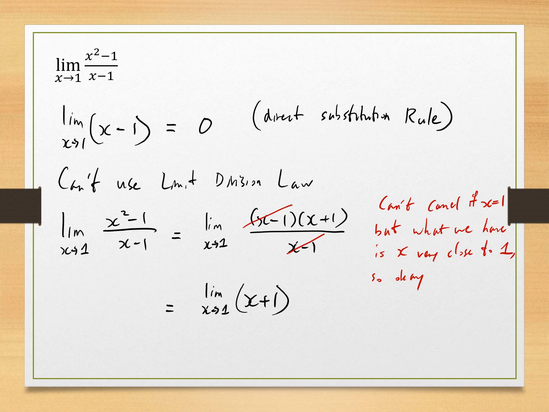So we have the limit as x approaches 1 of x plus 1, which is 2. Okay, so limits help us figure out what the value of this function is, right?